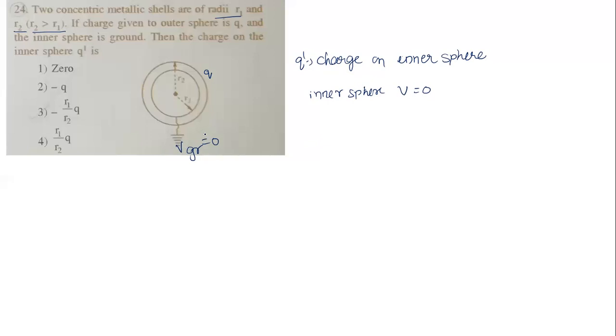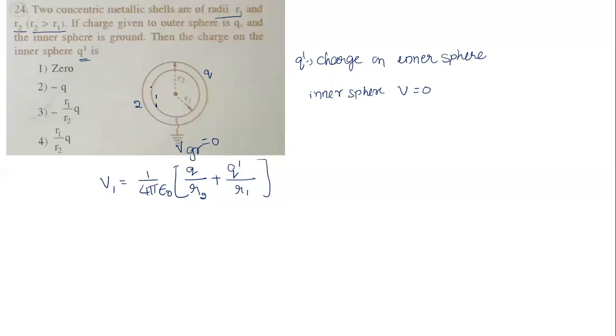So I can write the potential of the inner sphere, the first sphere, as 1 by 4 pi epsilon naught times Q, the charge on the outer sphere, over the distance R2, plus the unknown charge Q dash over R1, because we are taking reference to the first sphere.